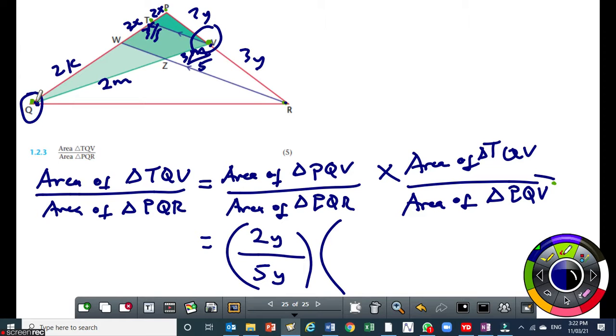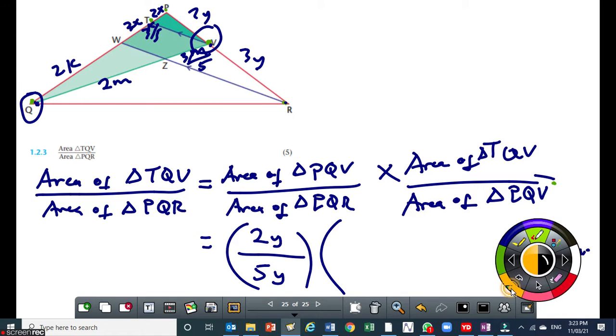So we choose this vertex here. You follow what I'm saying? Yes. So if we choose this vertex here, those two triangles are going to share a common height, and that height is going to look like this. They are not right angled triangles, so you can draw it like that. That will be the common height, this length here.